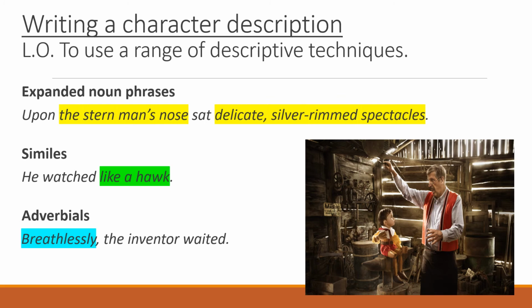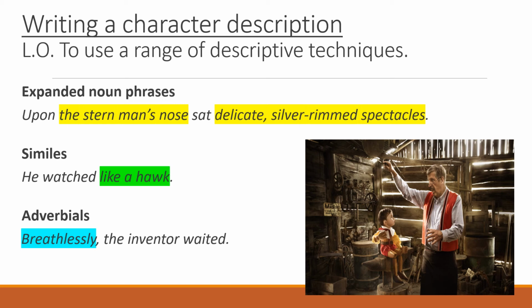So let's look at how we can apply that to your task for today, writing your character description. As we said on the previous slide, we've got those expanded noun phrases where you've got the adjectives and the noun and your determiner at the start as well. In this case, we've used the image here. I want to give a bit of a negative impression of the man. Maybe get him to come across as quite mysterious, or perhaps there's a bit of a darkness in him.